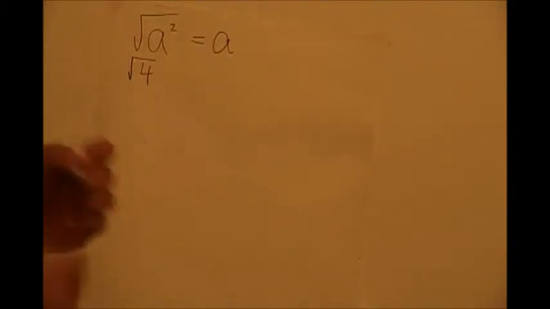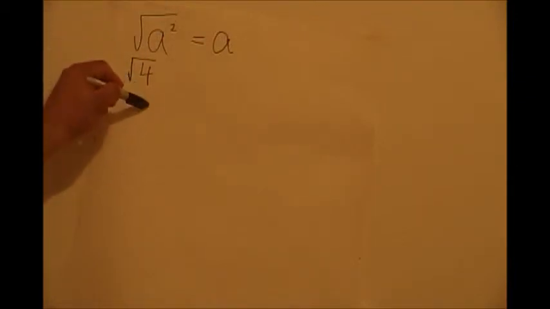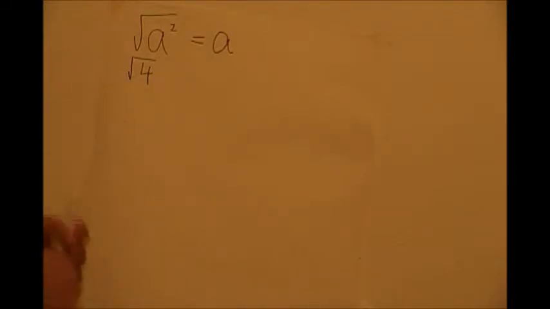Now, the first thing you have to do here is factor 4, and see if you can rewrite this in this kind of form, something squared. Can we reduce 4 into other numbers? Well, 2 times 2 is 4, right? So that works.